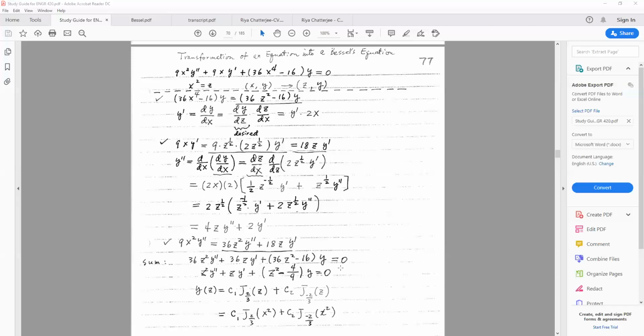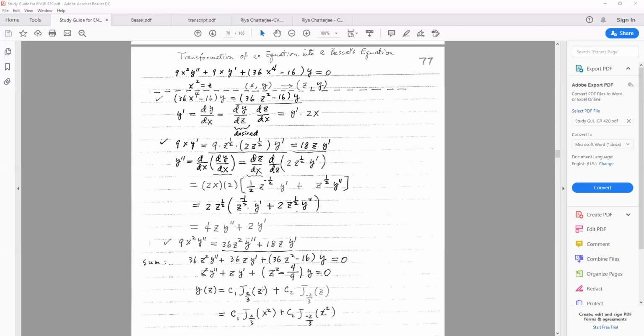and then rearrange by dividing every term by 36, we get this expression. And we note at this moment, this is a Bessel equation. And the solution of this equation has to be Bessel functions.